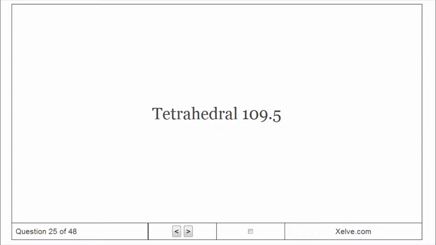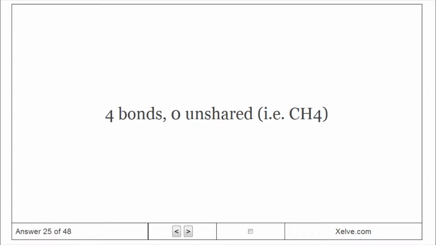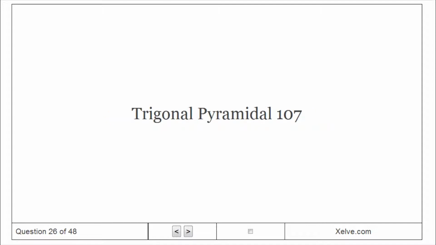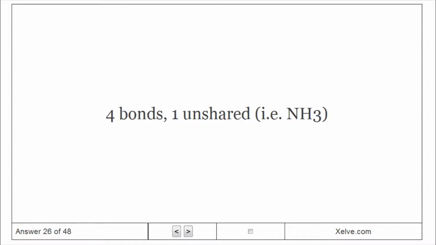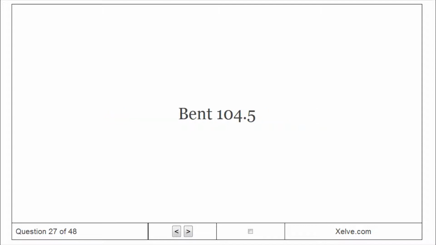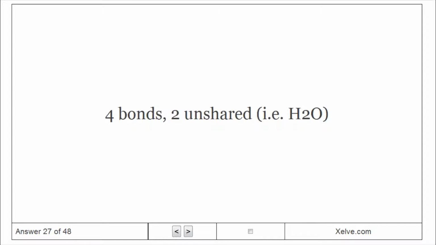Tetrahedral 109.5: 4 bonds, 0 unshared. Trigonal pyramidal 107: 4 bonds, 1 unshared. Bent 104.5: 4 bonds, 2 unshared.